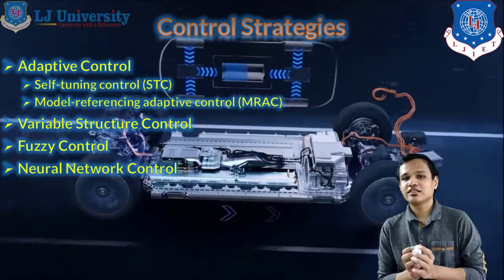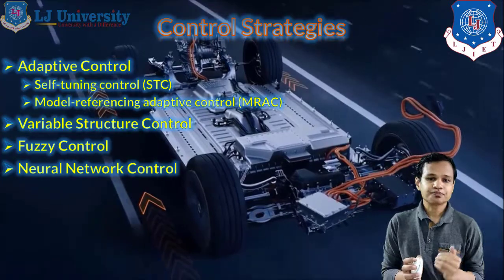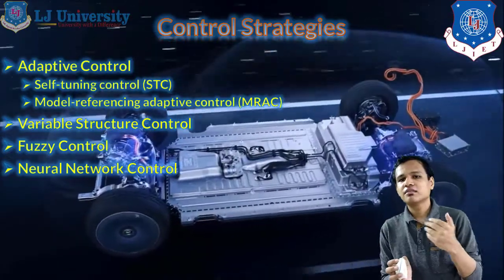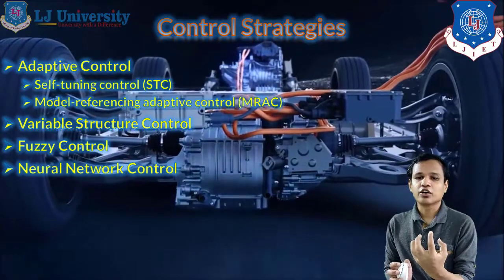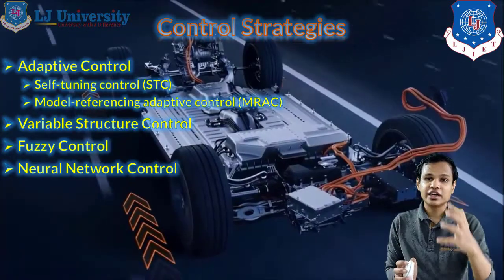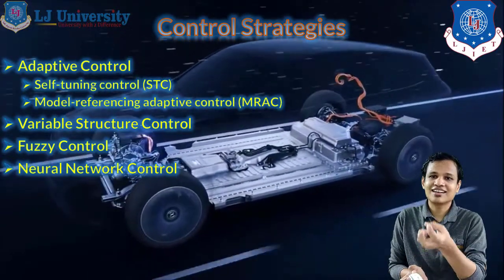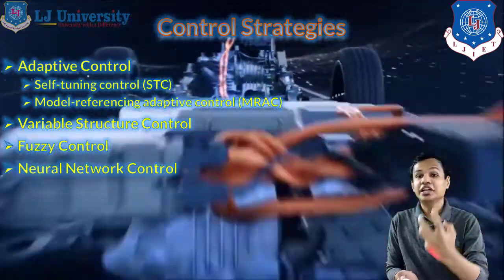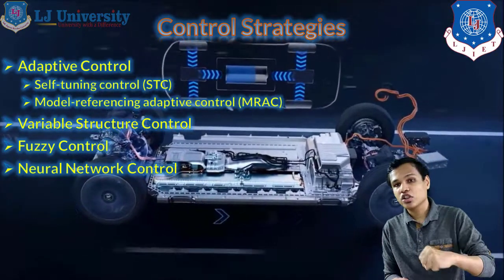For that, the first one you can see is the adaptive control method. In the adaptive control method, there are basically two types. One is the self-tuning control and the second one is the MRAC, that is model reference adaptive control. The adaptive control adapts to different conditions of the vehicle, such as the driving conditions or the load on the vehicle.